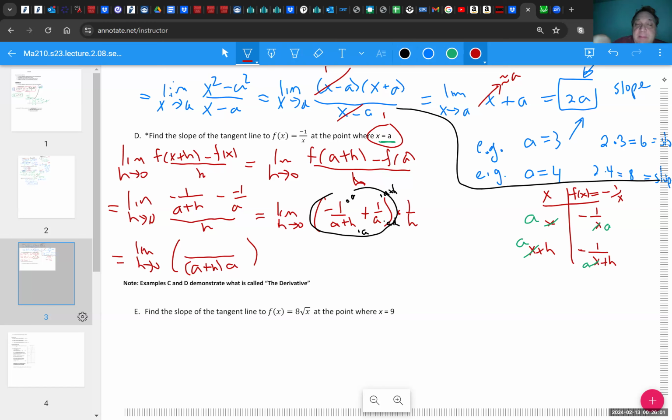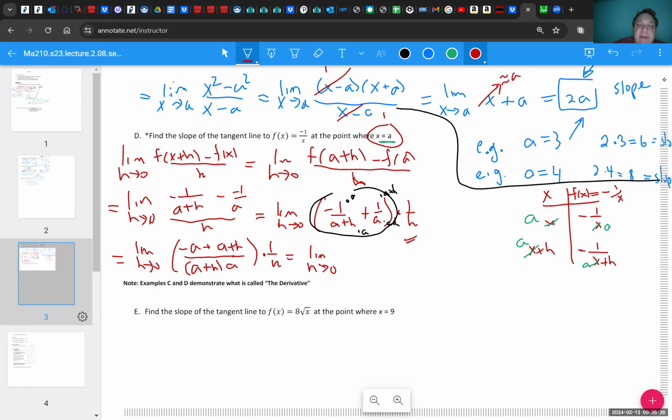And then on the top, I have negative 1 times a, which is negative a. And then I have plus 1 times a plus h, which is a plus h. So those are the two fractions combined together on a common denominator. I still have my times 1 over h at the end. So remember the big divided by h sign.